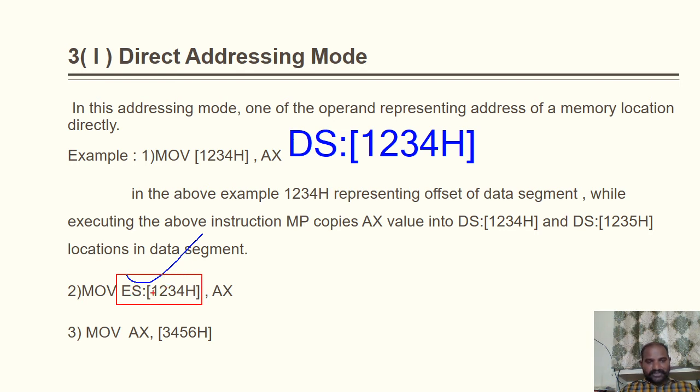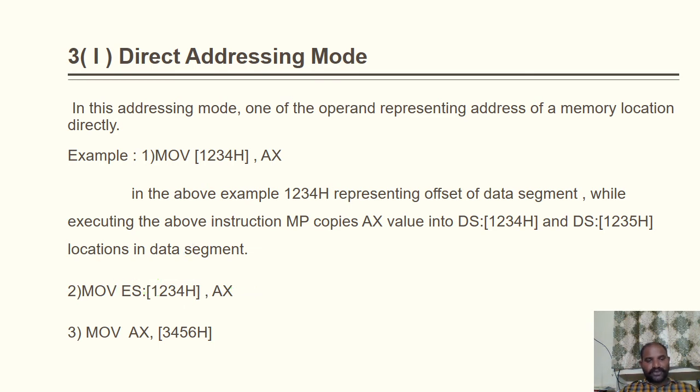Then this offset address belongs to the extra segment. By specifying the 20-bit physical address format, you can tell the microprocessor which segment area you are going to use to store the data.